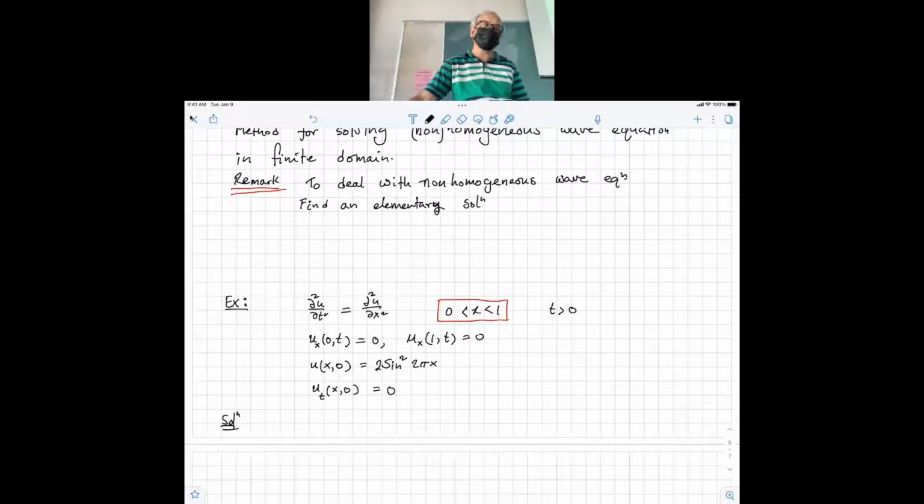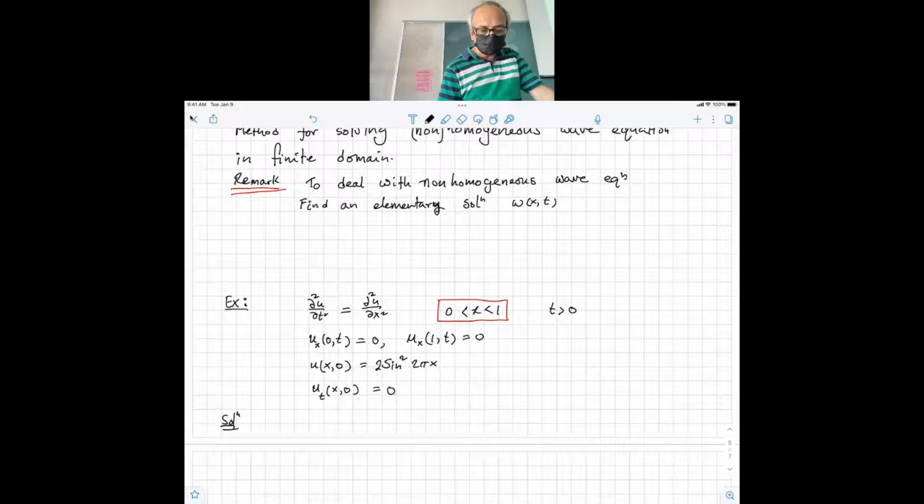Or later on, if you know a Fourier series method or another method, that can be applied. But for now, let's say we try to find an elementary solution, say this is w(x,t). So this satisfies the non-homogeneous equation.